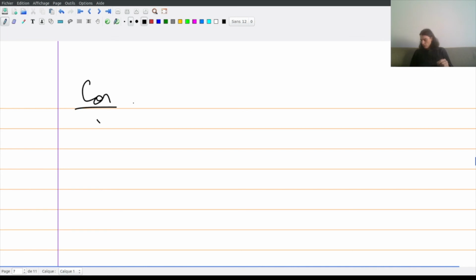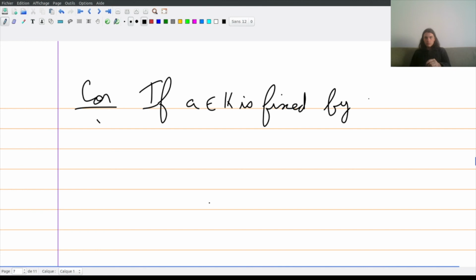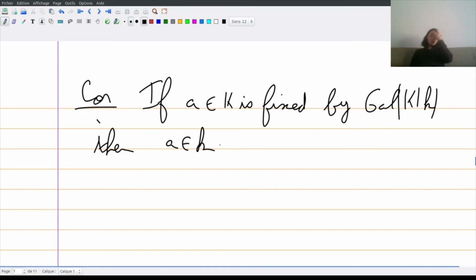And as a corollary, we can prove the following fact: if A is fixed by the Galois group, then A belongs to K. So it's very important. It means that an element in the total Picard-Vessiot extension that is fixed by the Galois group is an element of the ground field.